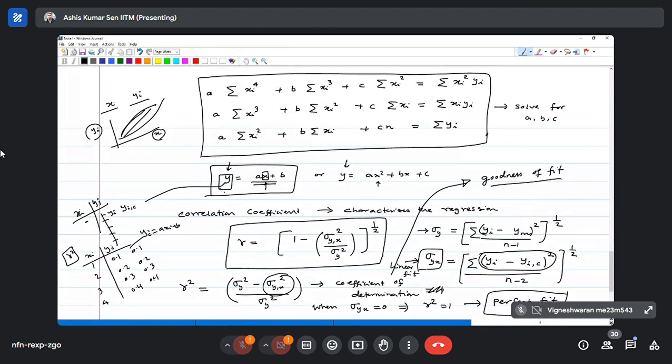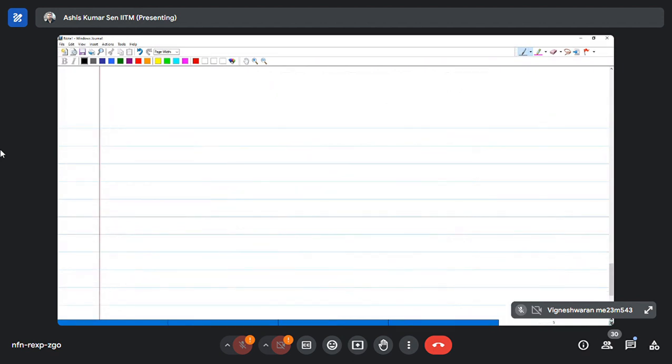If you have a quadratic fit, for a quadratic fit, sigma yx will be yi minus yic, this square, divided by n minus 3, sorry, to the power half.